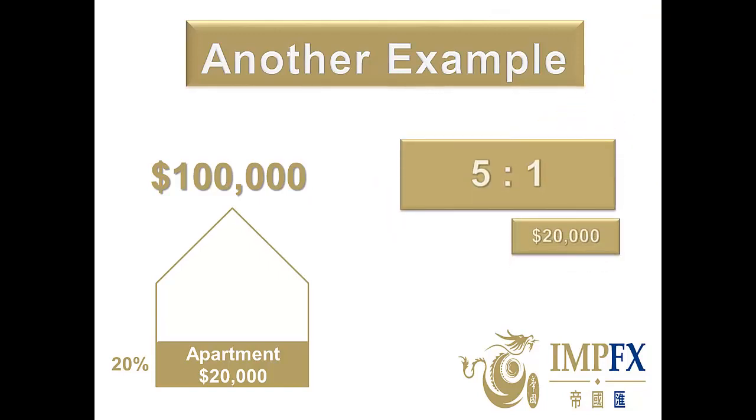So for $20,000, you are now able to enter into ownership of a $100,000 apartment. This is a representation of leverage in real estate. You have purchased this property at a leverage of 5-to-1, since $20,000 is 1/5 of $100,000.